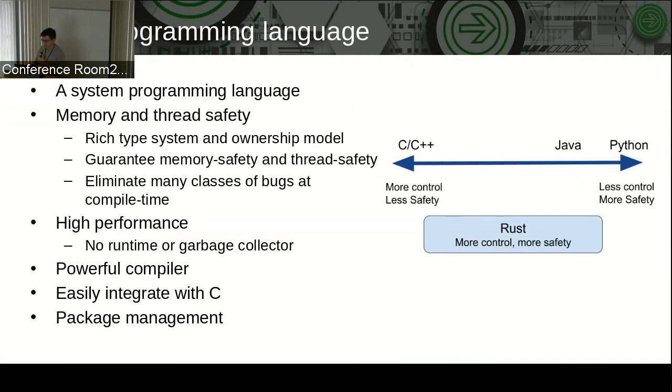And other languages like Java or Python have less memory control, but they provide more memory safety. And Rust can provide you both without sacrificing performance. In the following, we are going to look at a few Rust examples to see how it can help us reduce memory safety issues.